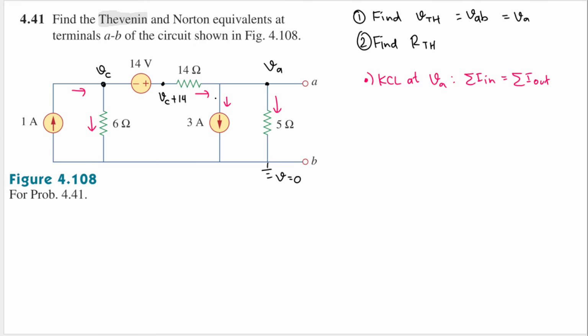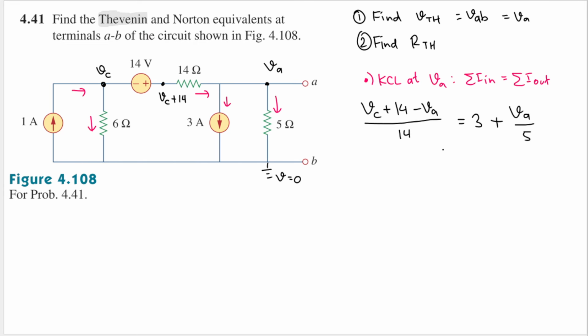This one here, which is VC plus 14, 14, not 40, and then minus VA, divided by the resistance between them, which is 14. Okay, and then that will equal this current going out, that is 3, and this current also going out, that will be VA minus 0, which is VA, divided by 5.